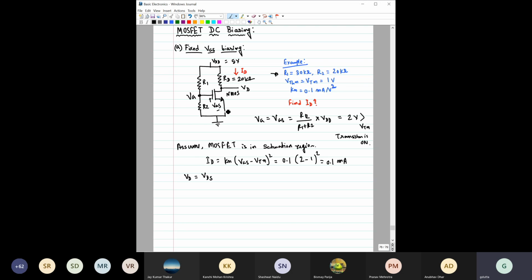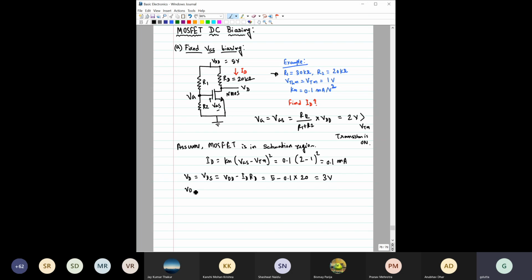So VD is equal to VDS for this particular case. That would be equal to VDD minus ID RD. So it is 5 volt minus 0.1 milliamps into 20 kilo ohm. That would give here this 3 volt. So VDS is here this 3 volt.